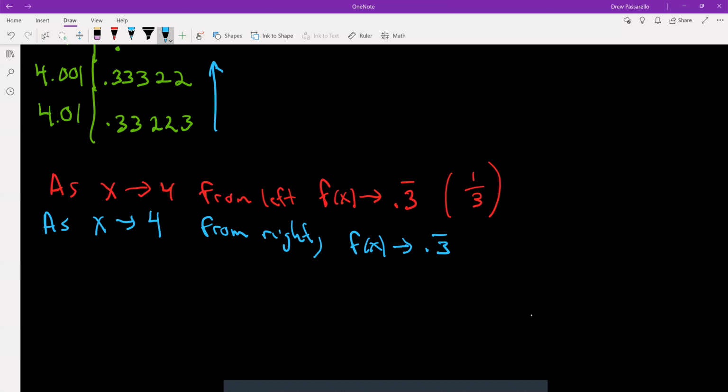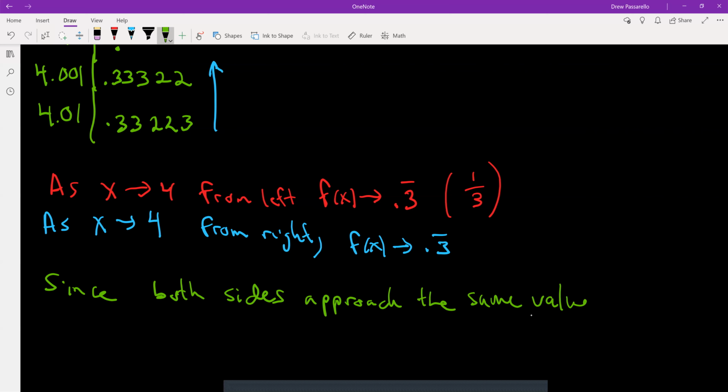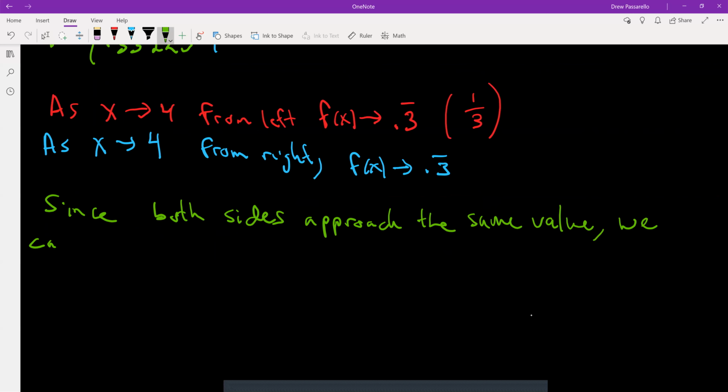Since they both approach the same value, we can conclude by using the numerical approach that the limit is 0.3 repeating, or 1/3.